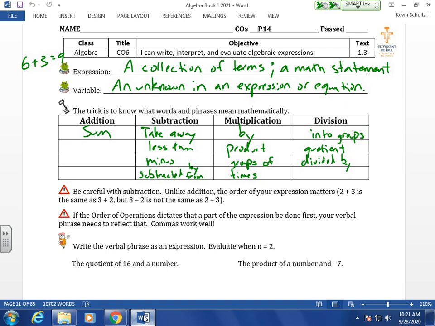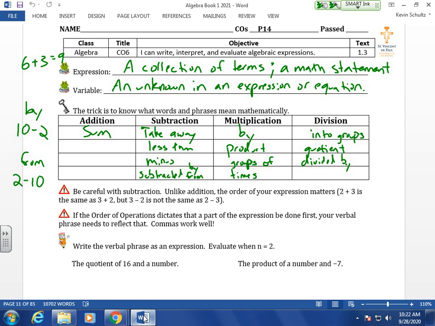If I say 10 subtracted by 2, that means 10 minus 2. If I say 10 subtracted from 2, what expression does that give me? 2 minus 10, right?